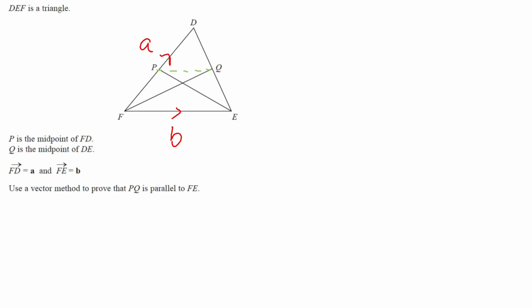So F to P to Q. Now, I always think it's a good idea to look at your diagram and decide on the route that you're going to take and write that in terms of this notation here, and then we can work out the ones that we need to.